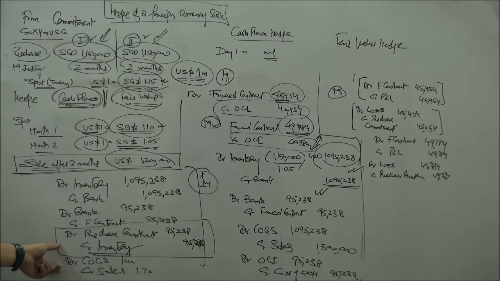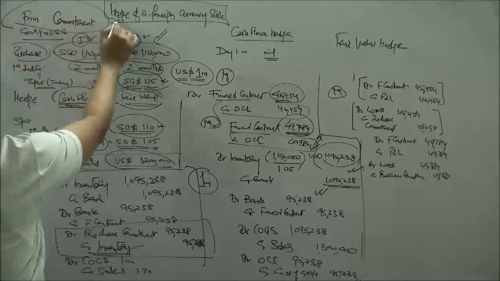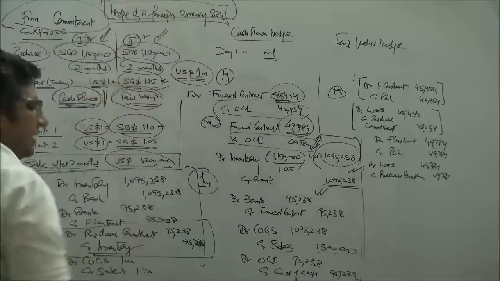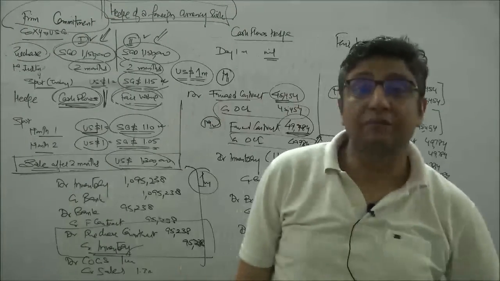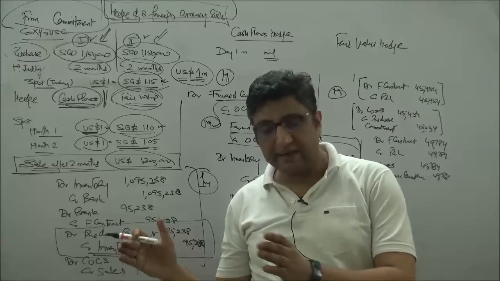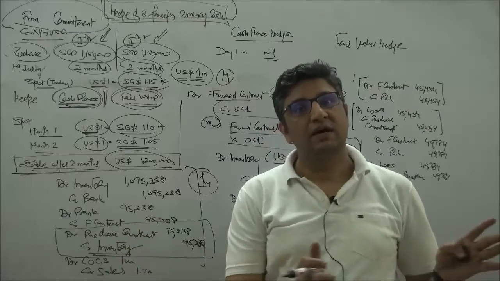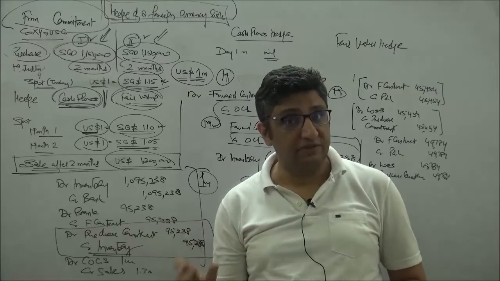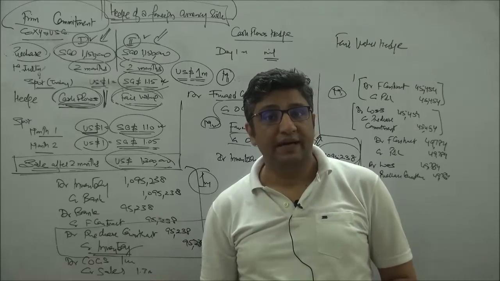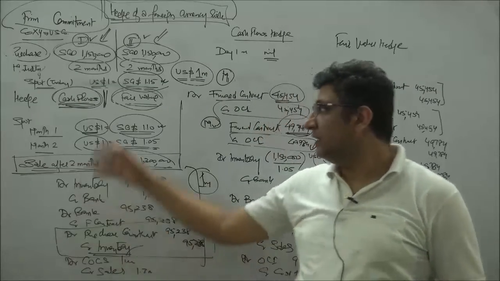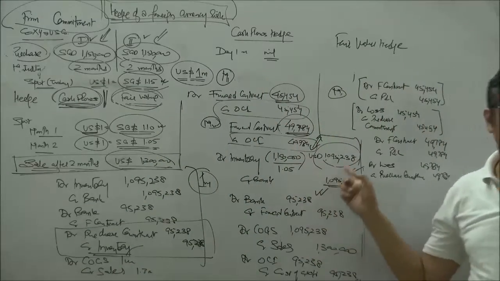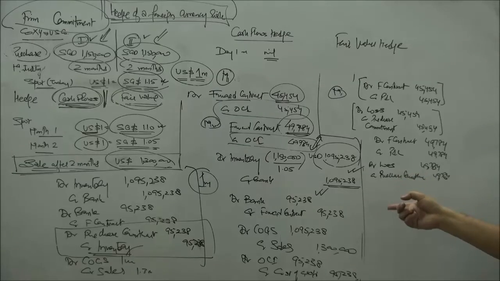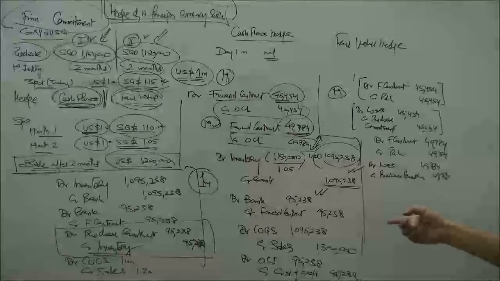We are not doing it here either, but importantly what we are trying to understand is that while there could be a firm commitment with respect to a foreign currency risk, the hedging may be done using a cash flow hedge versus a fair value hedge. The choice is available. My documentation shall clearly specify what kind of hedging I am intending to do, and my accounting transactions would take this kind of shape.